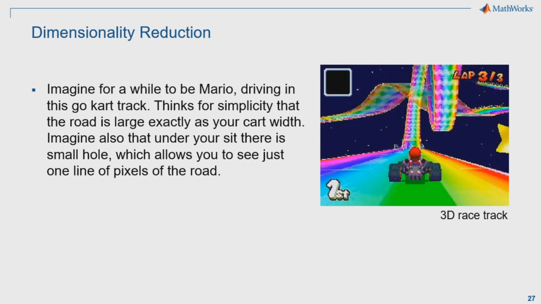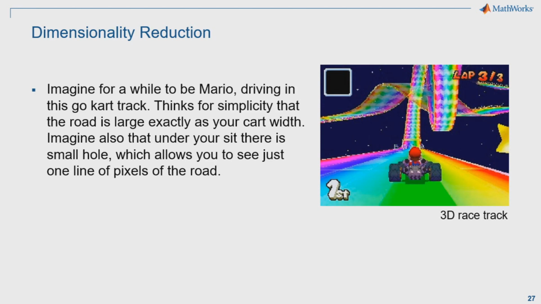So I decided to introduce this problem of dimensionality reduction, recalling for those of you who played with PlayStation and Game Boy, the image of Mario driving in a 3D race kart, racetrack.